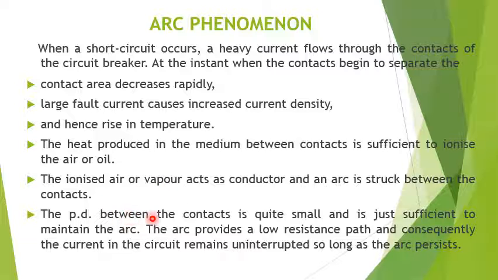The potential difference between the contacts is quite small, just sufficient to maintain the arc. The arc provides a very low resistance path. Consequently, the current in the circuit remains uninterrupted so long as the arc persists. This is how the arc phenomena occurs between the contacts of a circuit breaker.